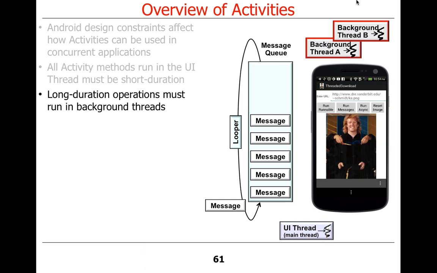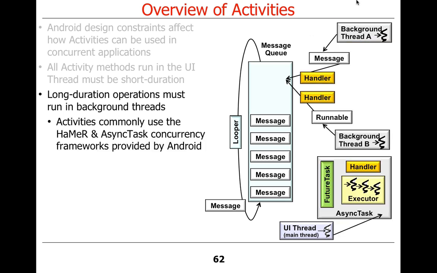Consequently, long-running operations, long-duration operations, have to run in background threads. So they're going to run in a background thread. Now, it turns out that we'll see that the canonical way of doing this in activities is either to use the Hammer framework, which is handlers, runnables, and messages. That's the one up here. And that's the one where you have to know how to use runnables, messages, threads, handlers, and that kind of good stuff.